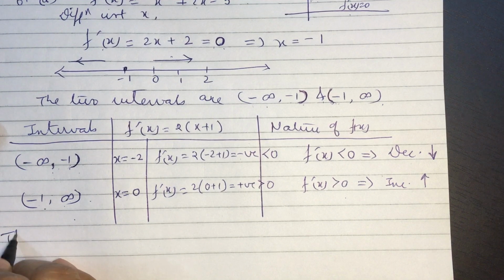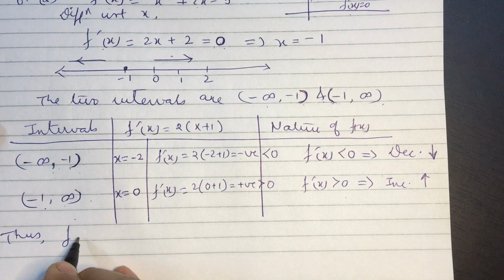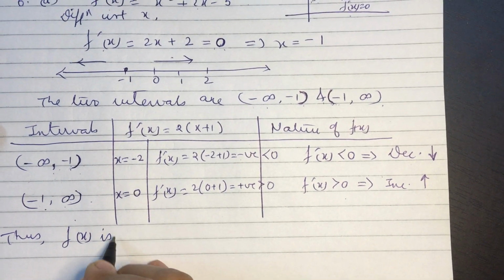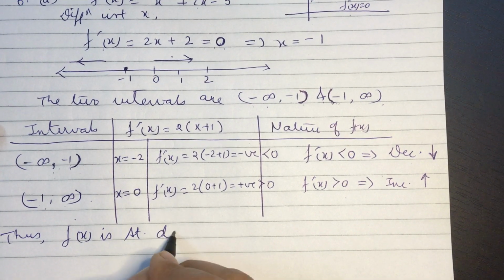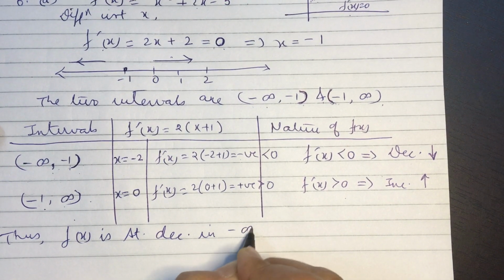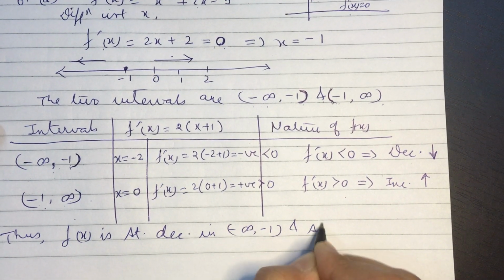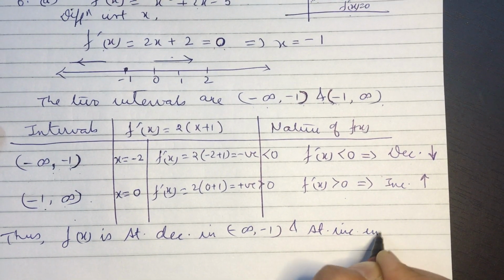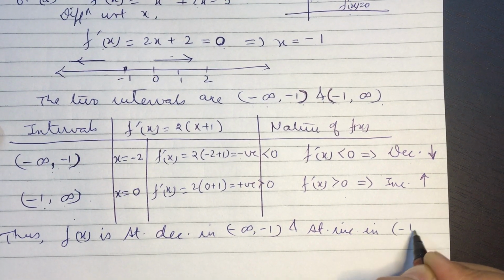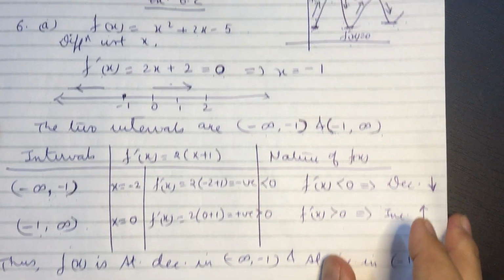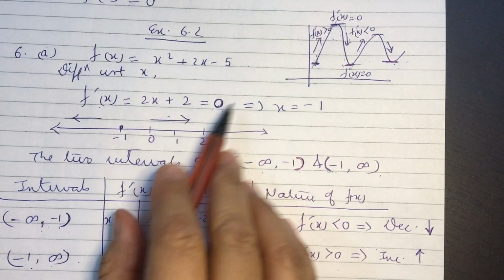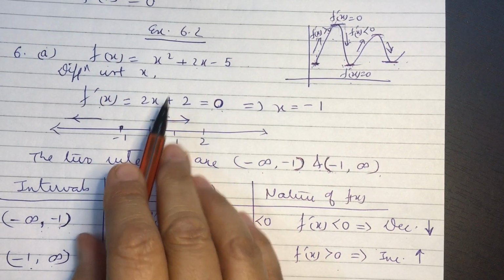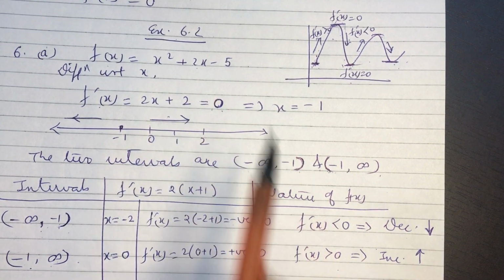So thus f x is strictly decreasing in minus infinity to minus 1 and strictly increasing in minus 1 to infinity.